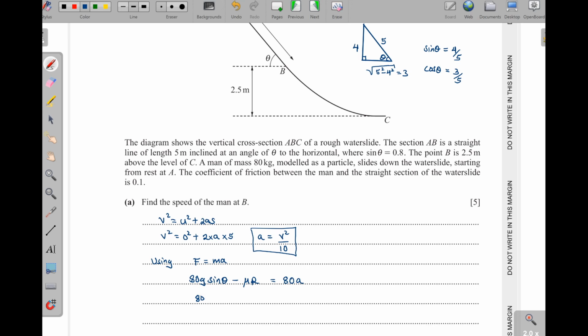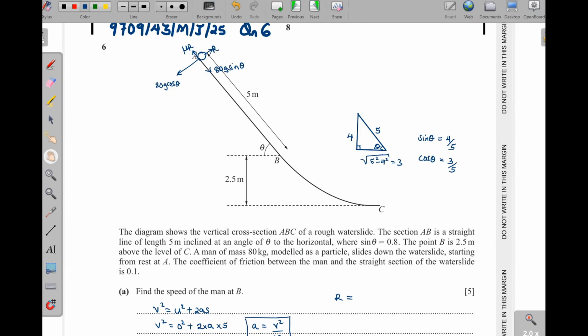So this will be 80 times 10 sine of theta, remember is 4 over 5 or 0.8. Then what else do we have? We have the coefficient of friction is 0.1, then times R. There's no vertical motion here, perpendicular to the plane, so R is equal to 80g cosine of theta.